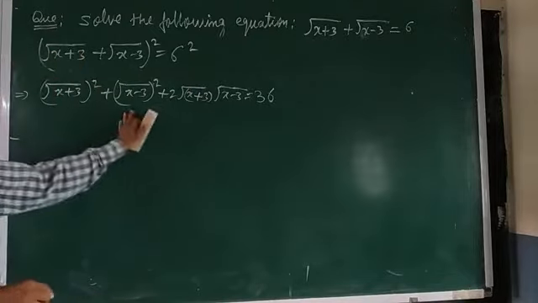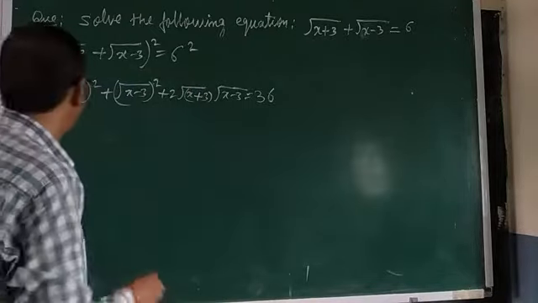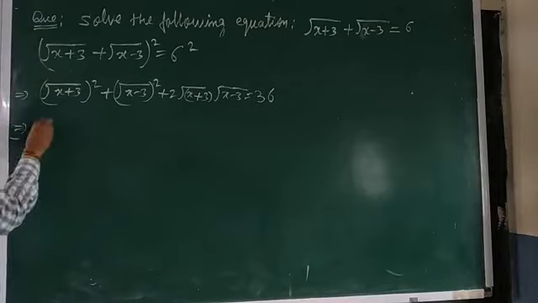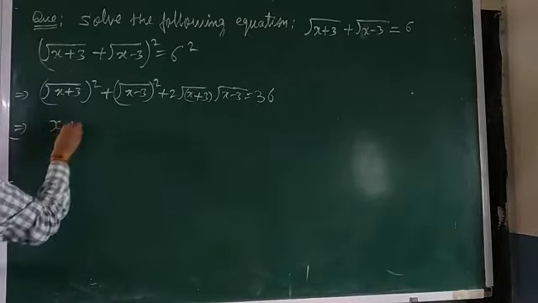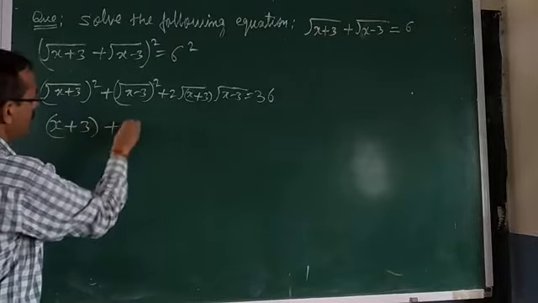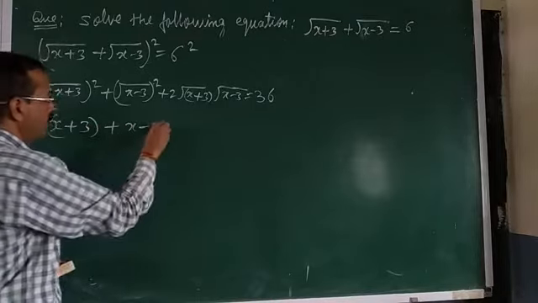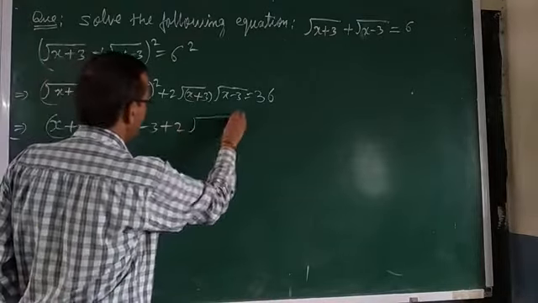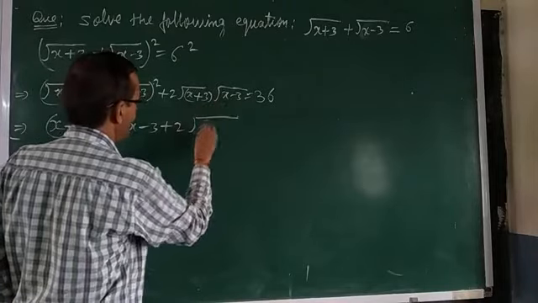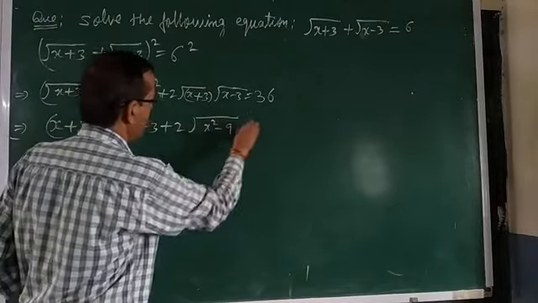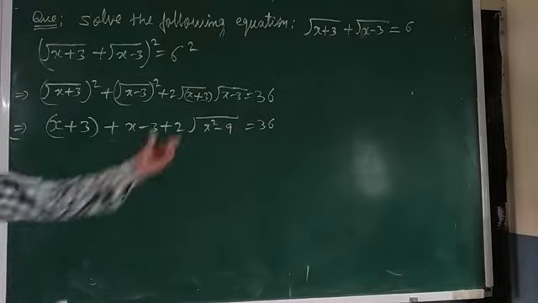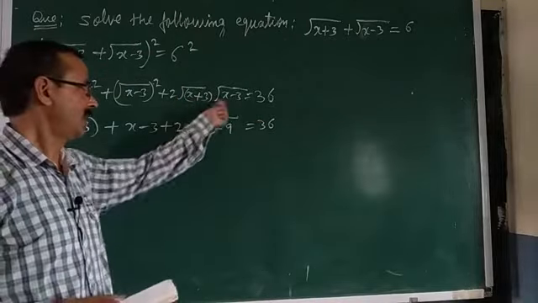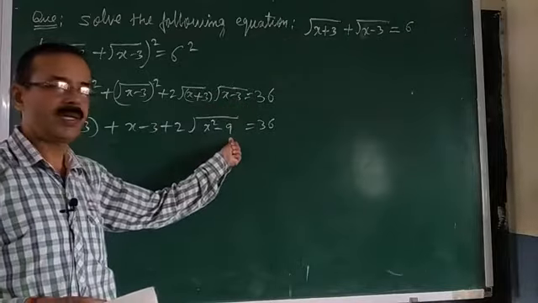A square plus b square plus 2ab. This will be equal to x plus 3 plus x minus 3 plus 2 under root, we can write x plus 3 into x minus 3, x square minus 9, is equal to 36. That is a plus b, a minus b, a square minus b square, 3 square will be 9 here.